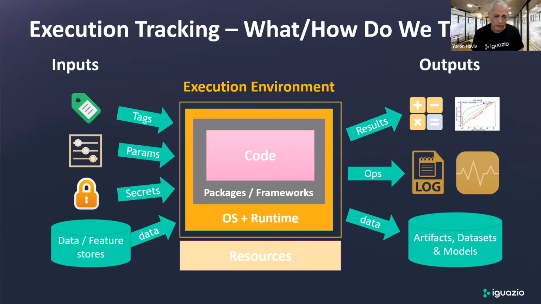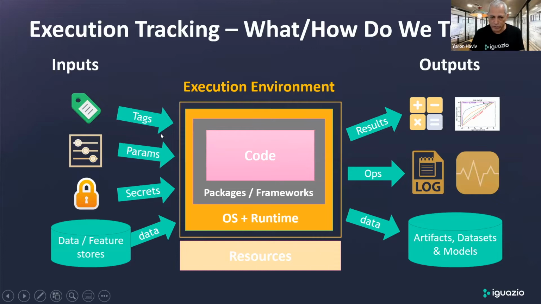So in general, what does execution tracking mean, which is part of this AutoMLOps? It is the ability that every time you run your code, your machine learning job, whether it's a data preparation or training task, to record everything that goes into it, to be able to reconstruct the source code along with all the package dependencies, and finally, to record the outputs of that job.